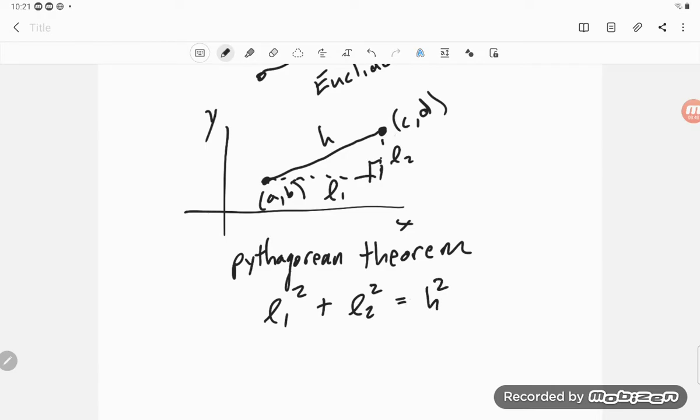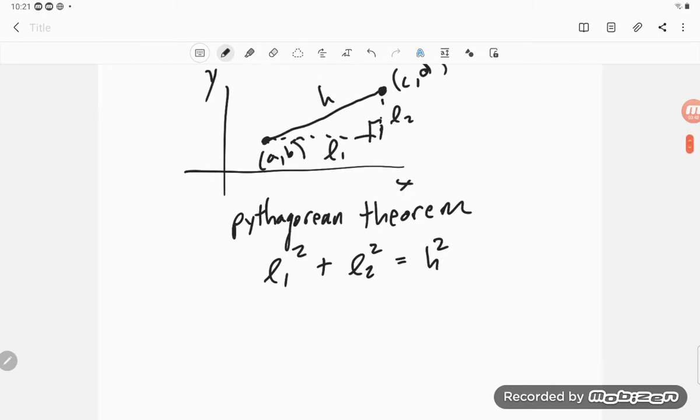So the sum of the squares of the legs of a right triangle equals the square of the hypotenuse. So that's a nifty understanding of geometry. That's a nifty theorem to have.